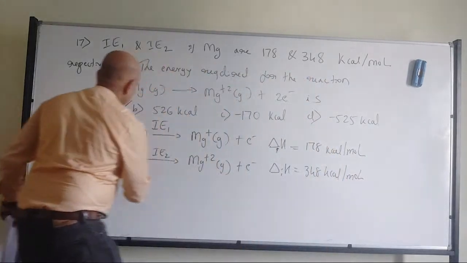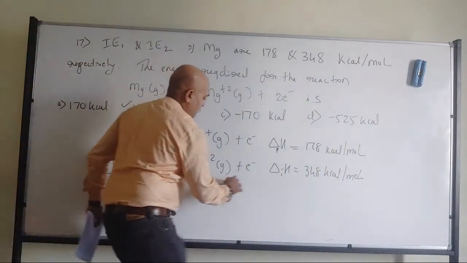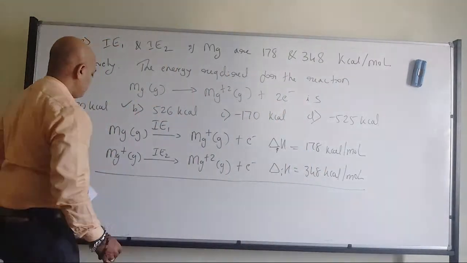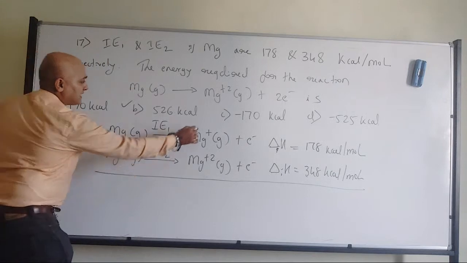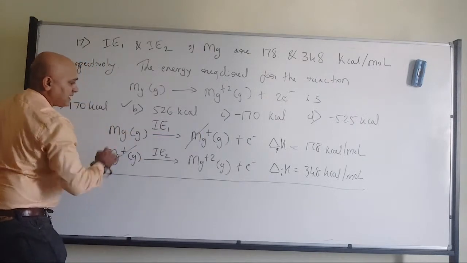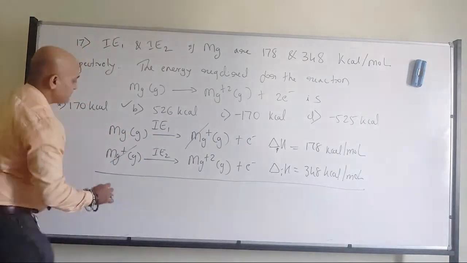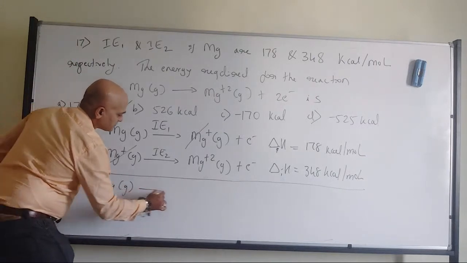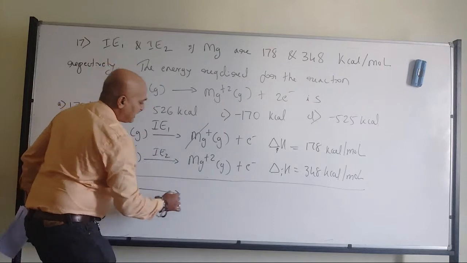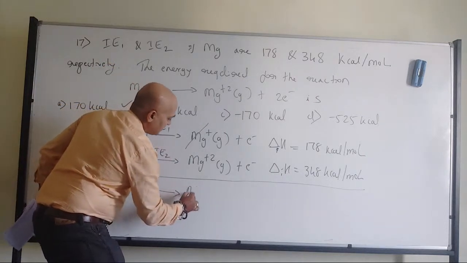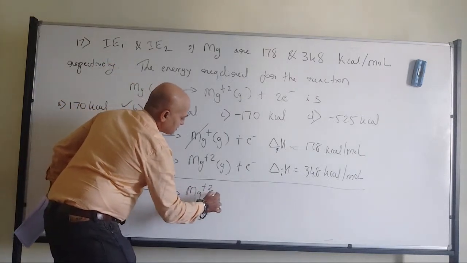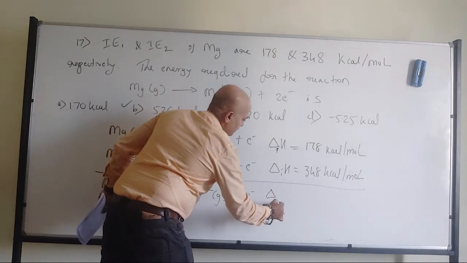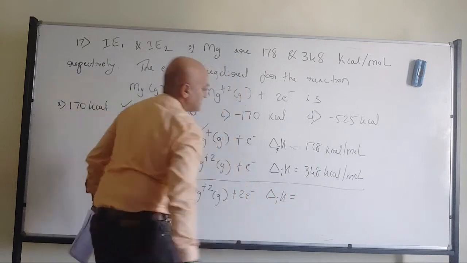So therefore, if I see the reaction all together, where magnesium ion and magnesium ion will get cancelled, the net reaction will be magnesium going to magnesium plus 2 plus 2 electrons. IE1 and IE2, we should be adding up together. What will be delta H, that is ionization enthalpy?